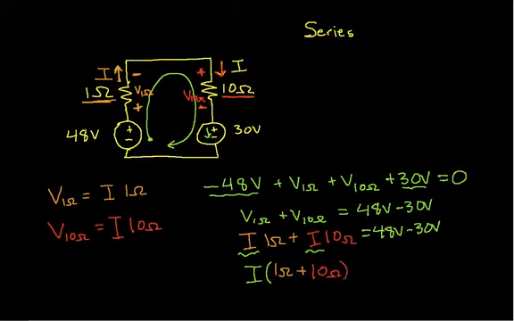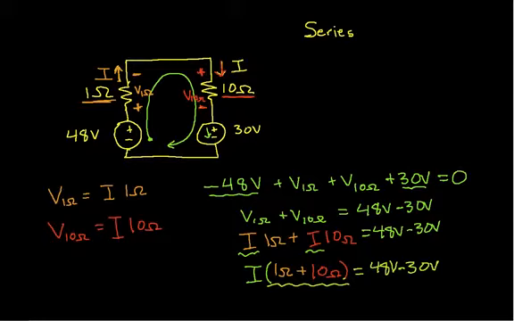And again, this is still equal to 48 minus 30 volts. And finally, to solve for I, I divide both sides by 1 ohm plus 10 ohms.